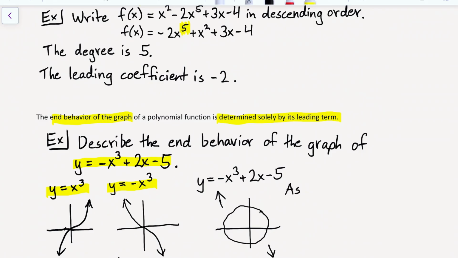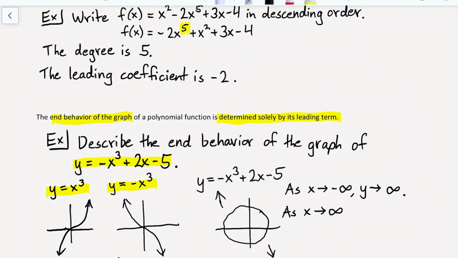We can use something called arrow notation to discuss end behavior. I can say that as the x values approach negative infinity, that means as we move to the left on this graph, the y values are approaching positive infinity. As we move to the left, the y values are going upward.